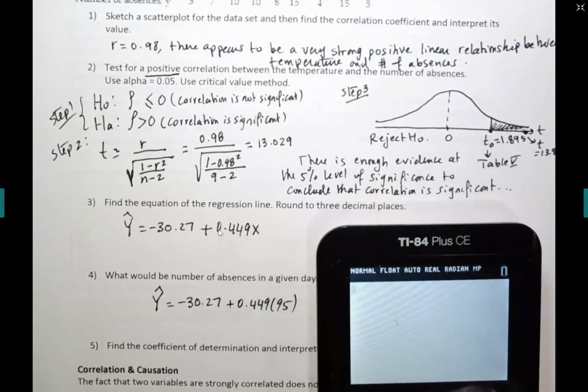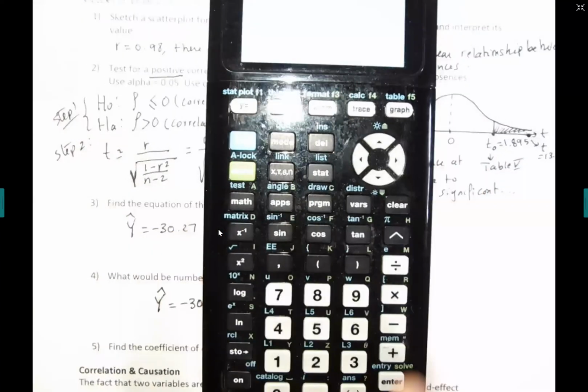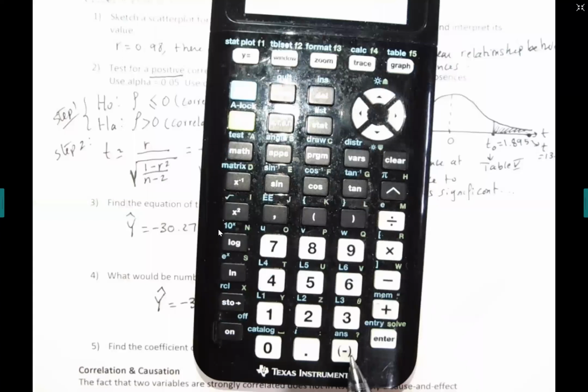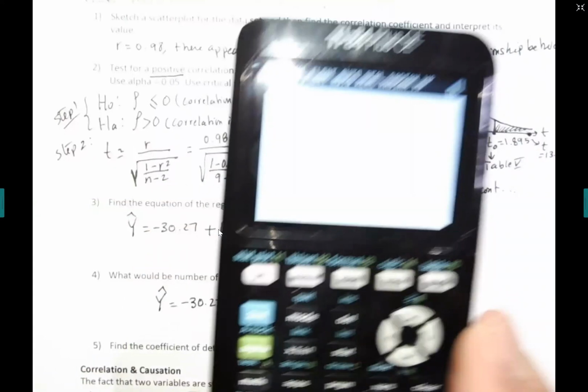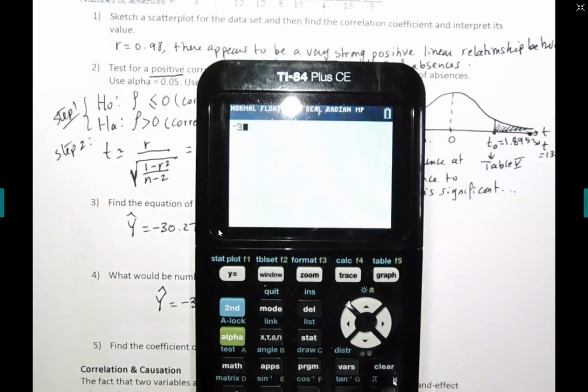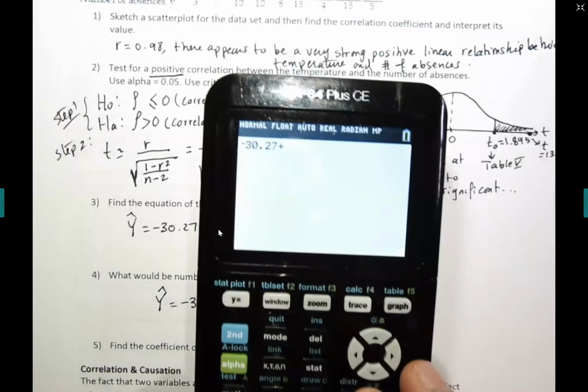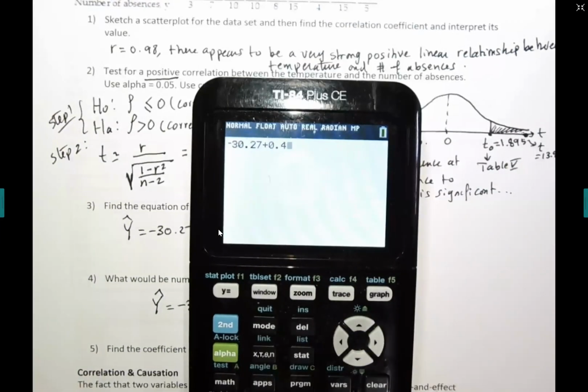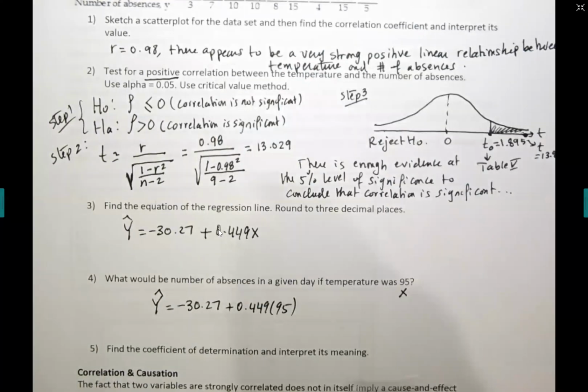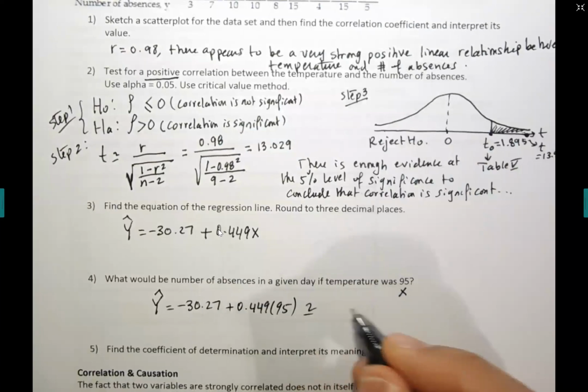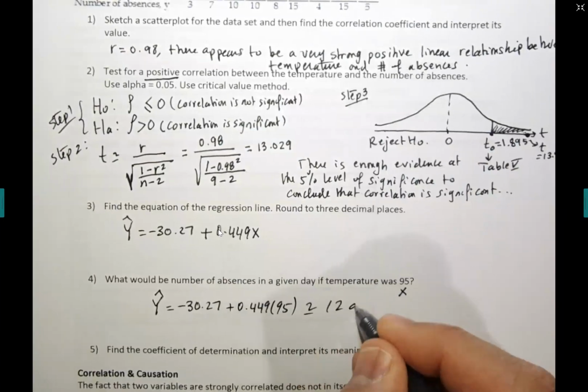When you use a negative sign, guys, make sure you start with this, not that. You'll get an error if you do that. So negative 30.27 plus 0.449 times 95. I got 12.385. You cannot have half of an absence, so it's about 12 absences.